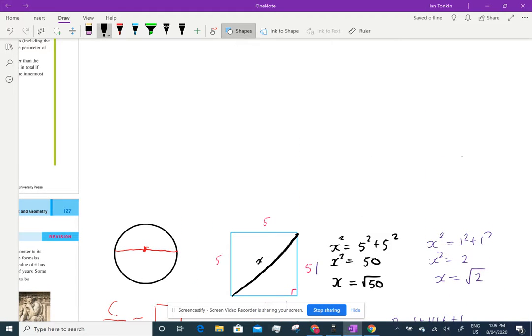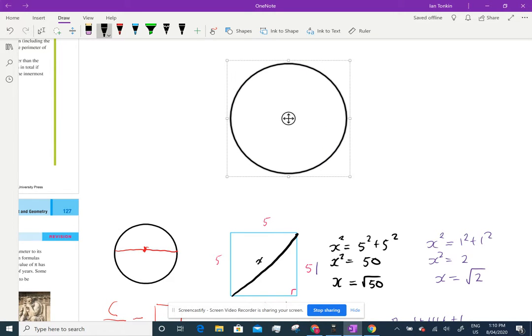Well, if I draw a circle, and this is how Archimedes did it, and we're going to talk about him in a minute. Archimedes went, righto, I can't calculate this circle, so I'm going to draw a triangle in there, and I know that the perimeter of the triangle will be less than the perimeter of the circle.